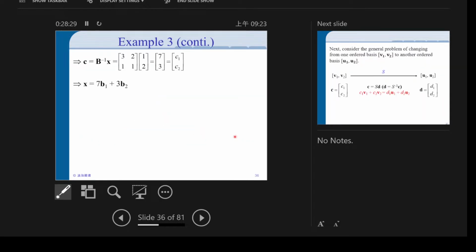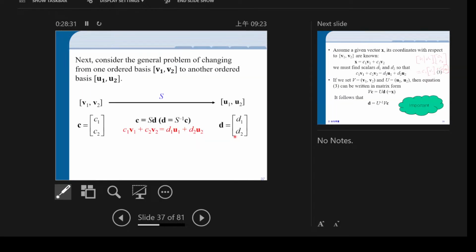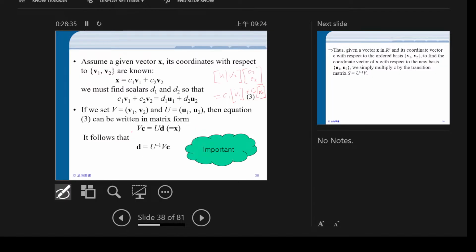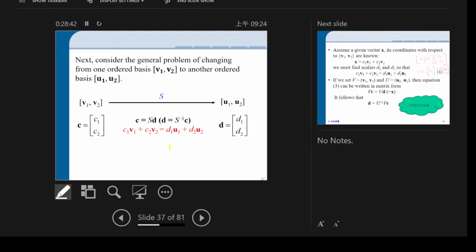So let's write it here. So we actually have an important thing to remember, which is these two equations. If we write down those two things, once again we think about this as a matrix multiplication. This means that we can write v1, v2 into this v matrix, and u1, u2 into this u matrix. Then we have v times the c vector equal to u times the d vector.